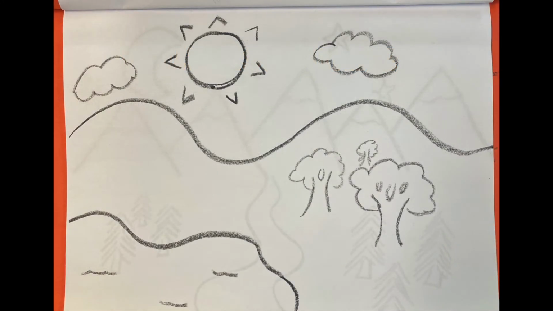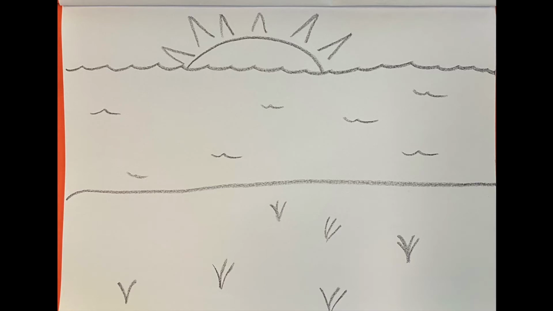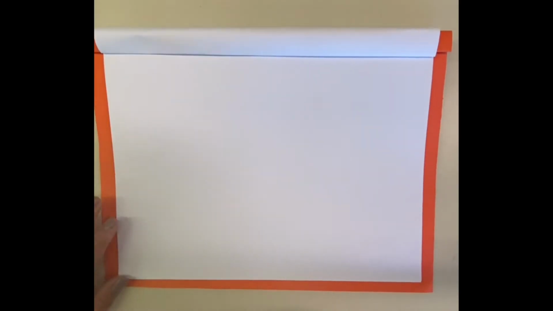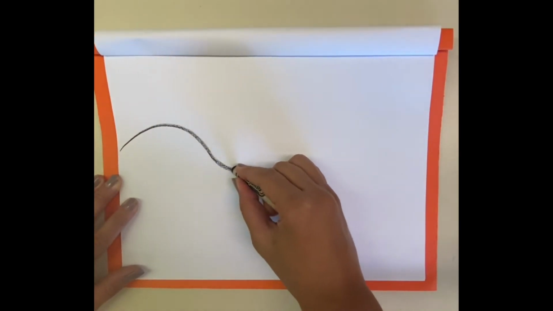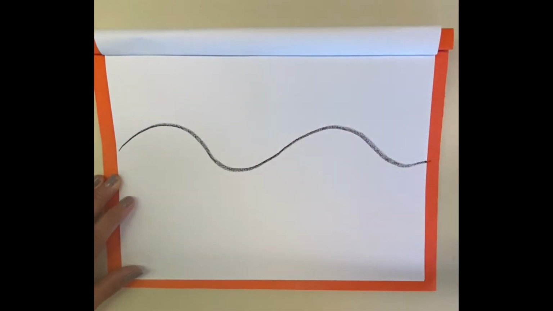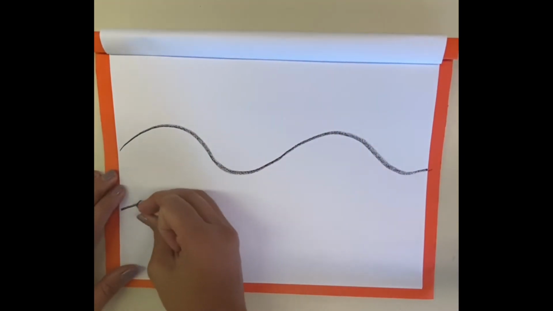Now I'm going to show you how to draw each of those landforms in a landscape. Your work shouldn't look like mine when you're all done. These are just demonstrations and ideas for you to use. In this landscape, I'm going to start with drawing some hills. So to draw hills, I just draw some curvy lines like we learned how to in kindergarten.